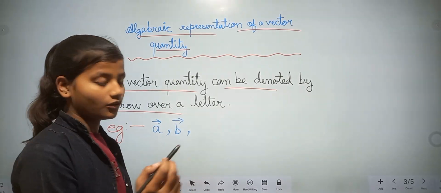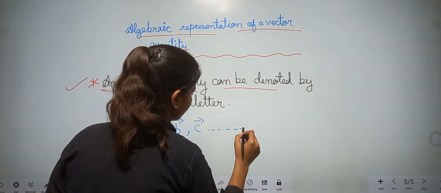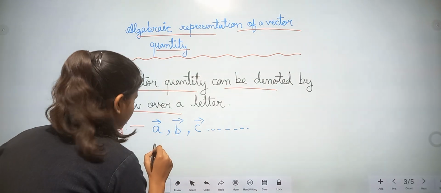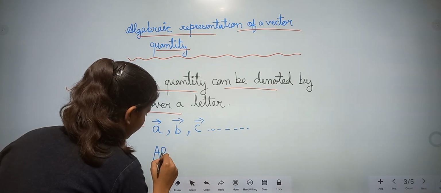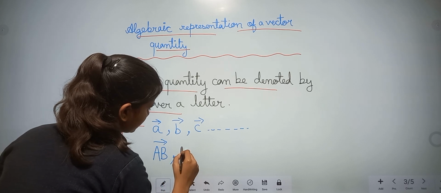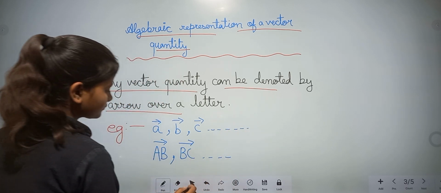B with an arrow over the letter, or you can also write C with an arrow over the letter, and you can also write AB with an arrow over the letters, BC with an arrow over the letters, and so on.